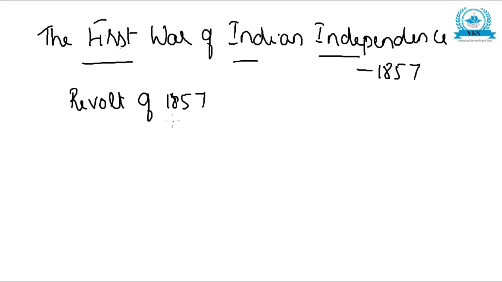It has a unique place in the history of India. It is also called the Sepoy mutiny. So it has three different names: the First War of Indian Independence, the Revolt of 1857, or the Sepoy mutiny.